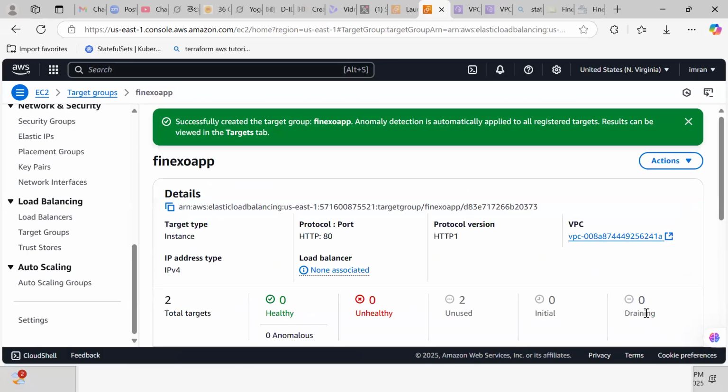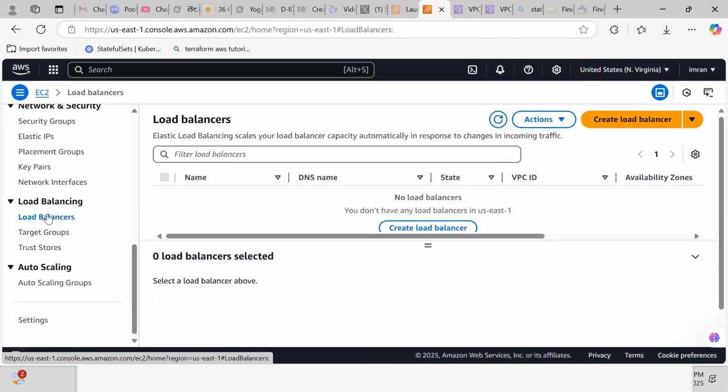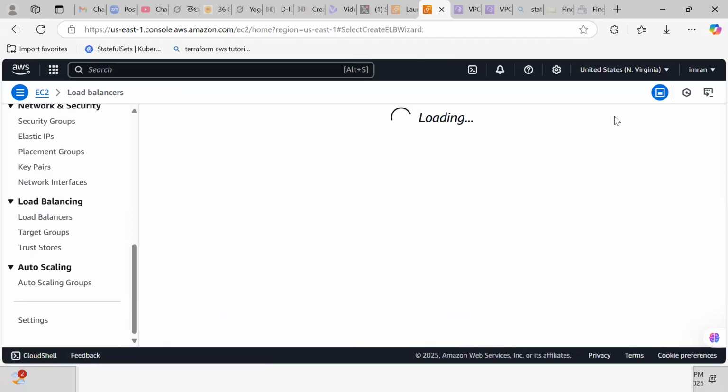Then what I need to do is create a load balancer here. Now I'm going to create a load balancer.